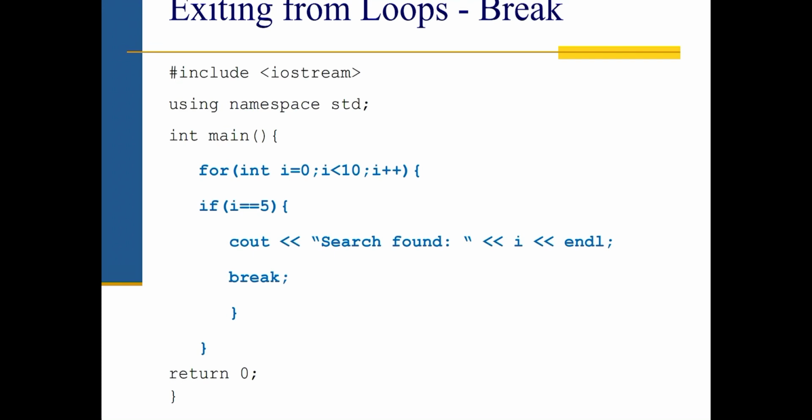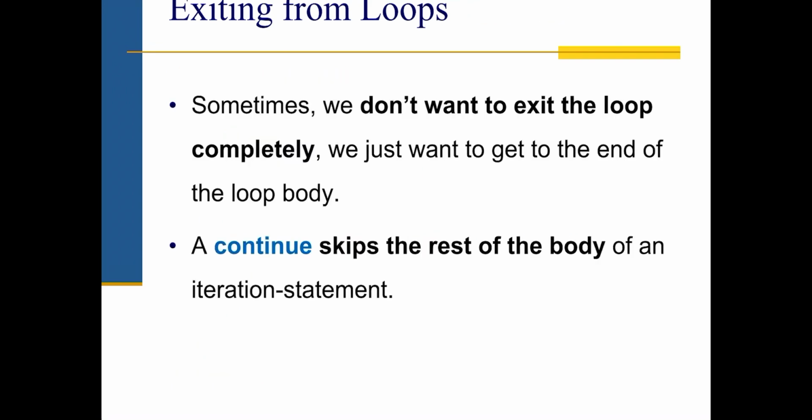So as I said earlier, you bring your break, then you terminate. This is for a for loop. And sometimes we don't want to exit the loop completely. We just want to get to the end of the loop body. And for that we use continue.